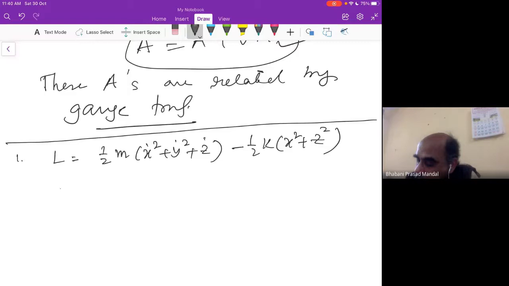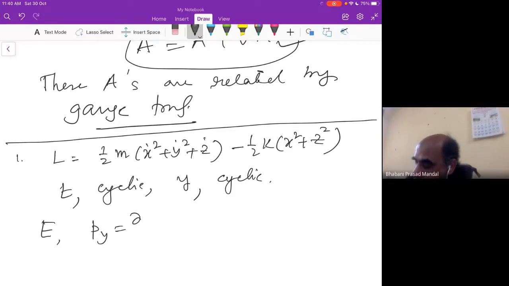For this Lagrangian, t is cyclic and y is cyclic. So immediately I realize that the total energy E and p_y, which is nothing but del L by del y dot, are conserved.